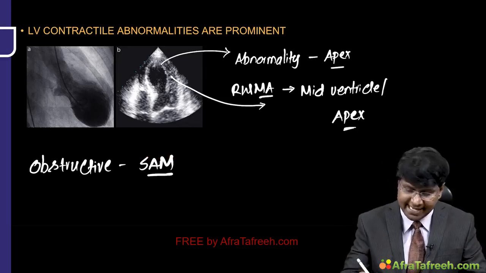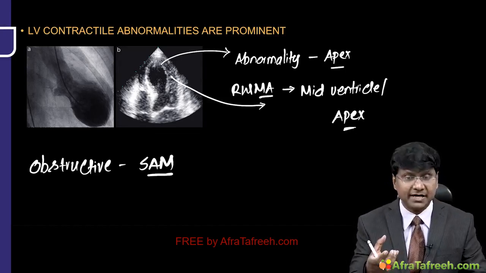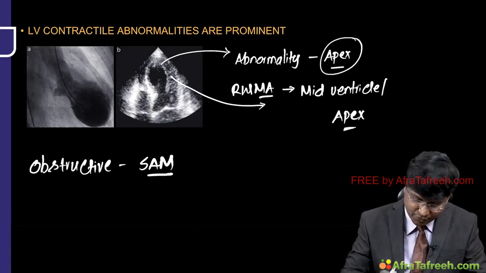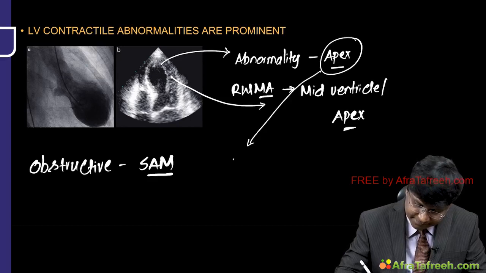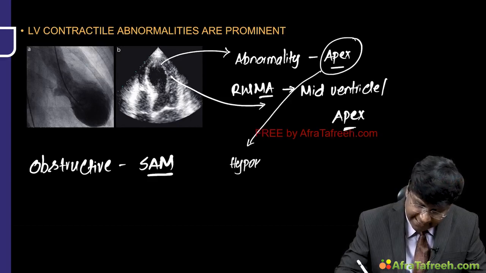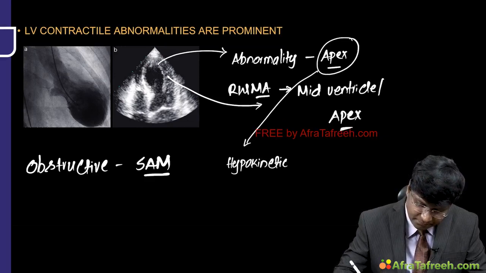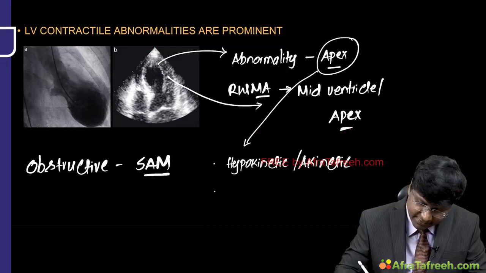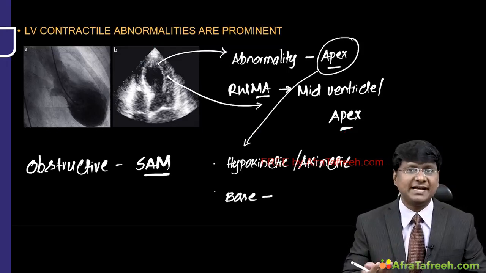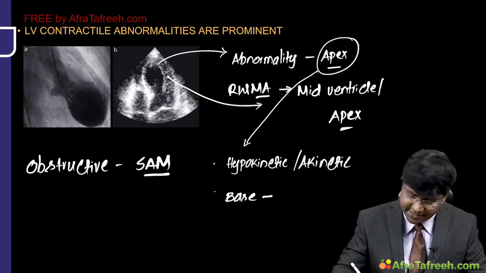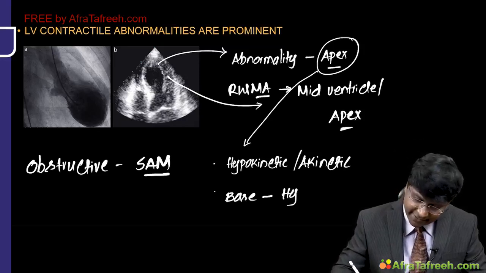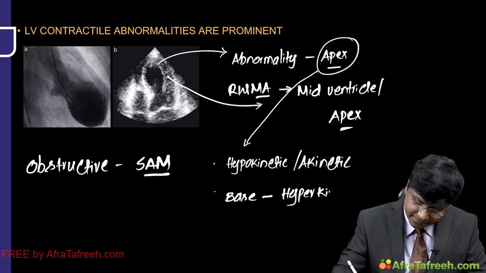So here what exactly happens is the apex will be hypokinetic. So you see the next image, the apex will be hypokinetic or akinetic, whereas how will the base be? In order to compensate for the LV apical hypokinesis or akinesis, the base will be hyperkinetic, right?